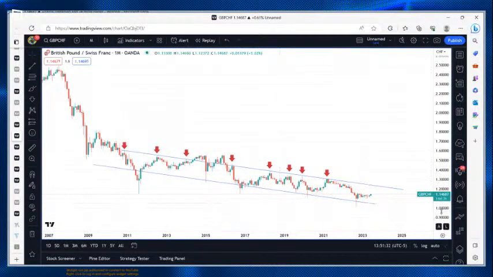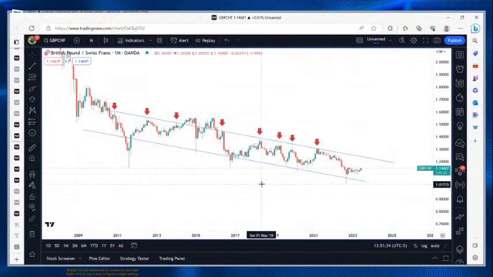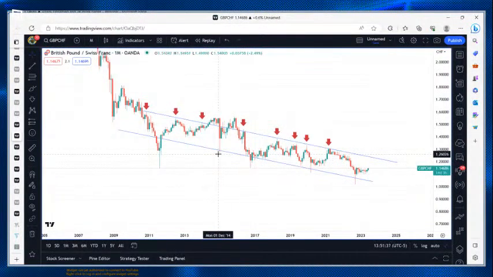You see, we got U-turn here, then we got U-turns there, and it looked like we had horizontal support here. So you had months where the market was just in consolidation. Then we come back down, U-turn, U-turn, U-turn. But I want to try my hand at drawing this one.